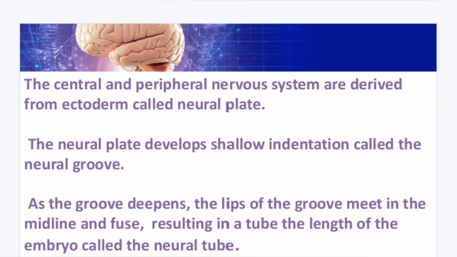Coming to the central and peripheral nervous system, they are actually derived from the ectoderm called the neural plate, which is a thick plate. The neural plate develops a shallow indentation called the neural groove, and as the groove deepens, the lips of the groove meet in the midline and fuse, resulting in a tube along the length of the embryo called the neural tube.